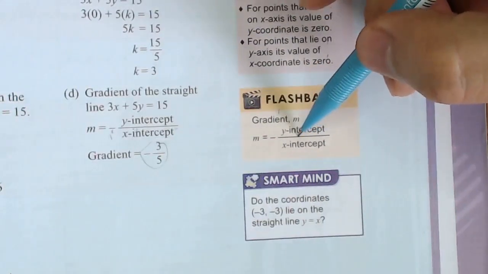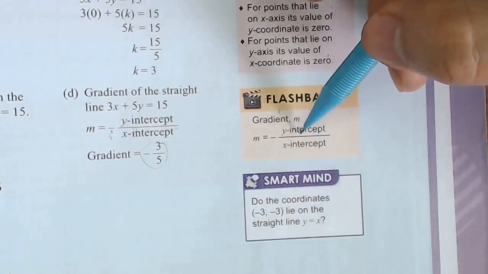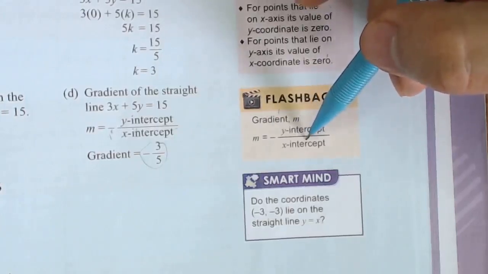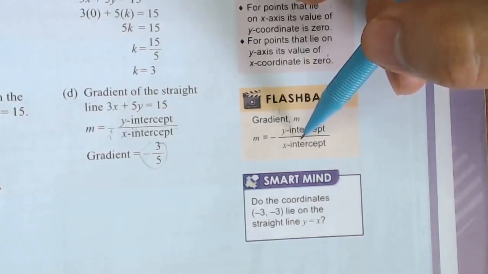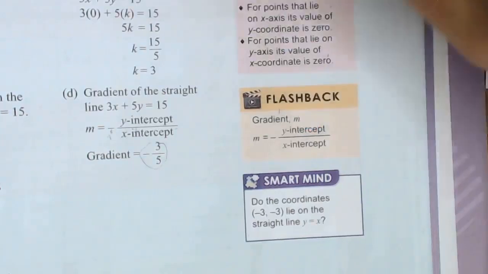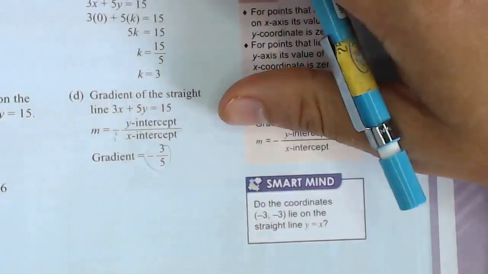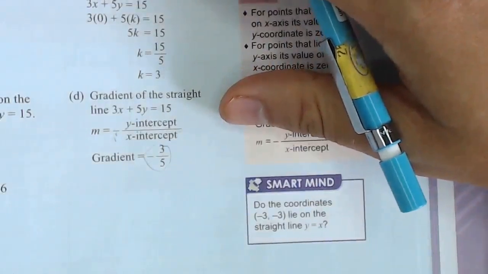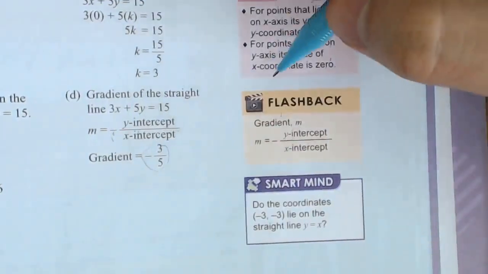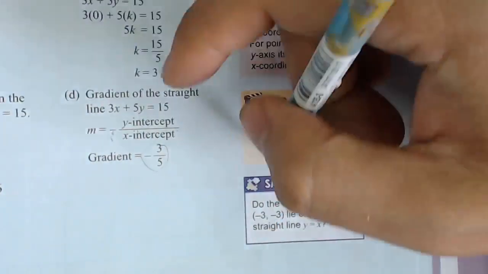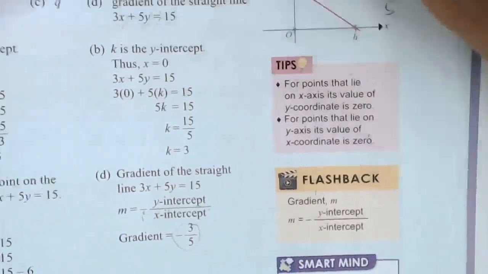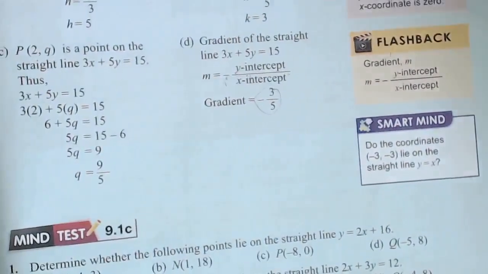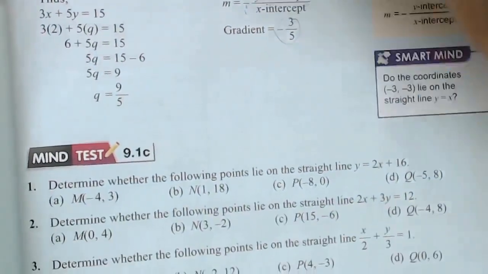If we don't know the intercepts, they must give at least 2 points on the graph, then we can use the other formula, that you know, y2 minus y1 divide by x2 minus x1. And if we cannot see all the graph, we still can have the value of gradient by changing the form of equation.